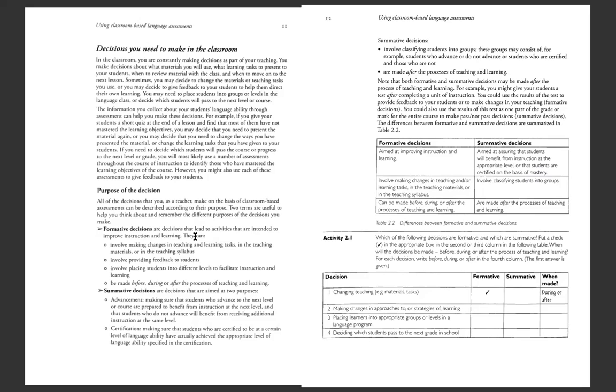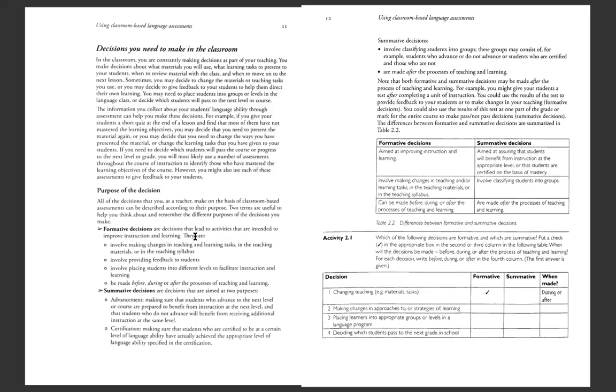So formative decisions are decisions that lead to activities that are intended to improve instruction and learning. And if you continue with the reading here, you have 4 examples of this.